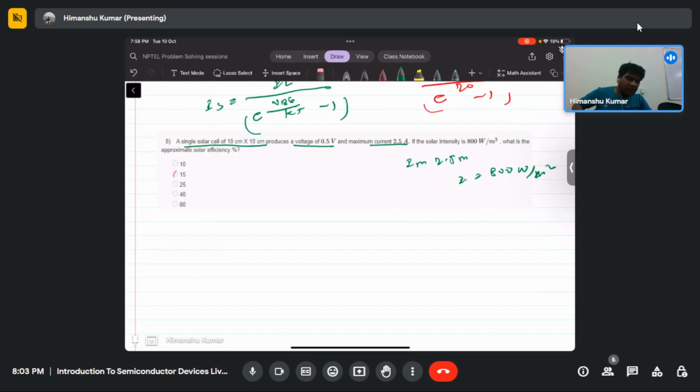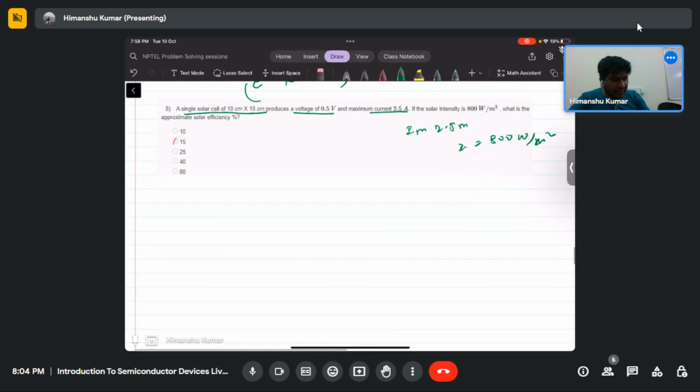The approximate efficiency we can calculate as power out by power in. Our power out is the maximum current multiplied by the maximum voltage.